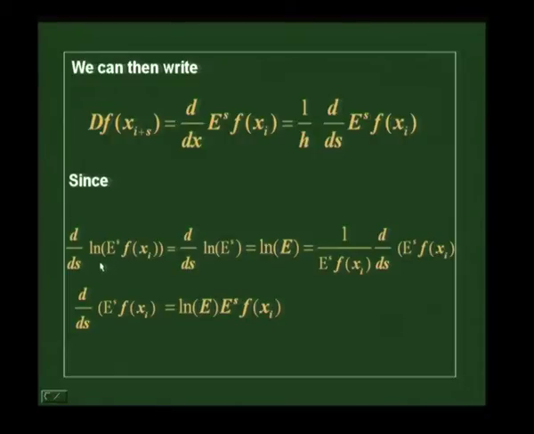I basically use that d/ds of log e^s f of x_i is log e. And I also write d/ds of log e^s f of x_i as 1 over e^s f of x_i times d/ds of e^s f of x_i. And then from this, I am saying that d/ds of e^s f of x_i is e^s f of x_i into log e.